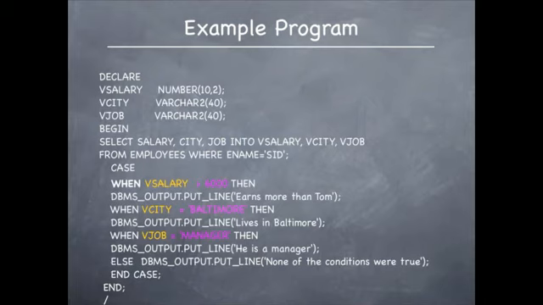Now during the execution of the case statement, because the first condition will be true, only the string earns more than Tom will be displayed. After the string is displayed, execution will exit the entire case statement and continue with the statement following the end case, which in this case is end. So even though Sid is a manager, the string will never display as he is a manager.